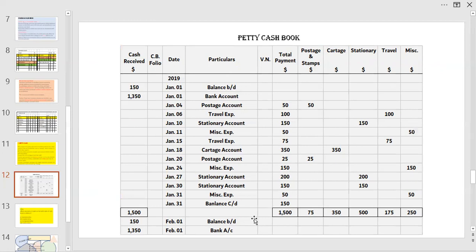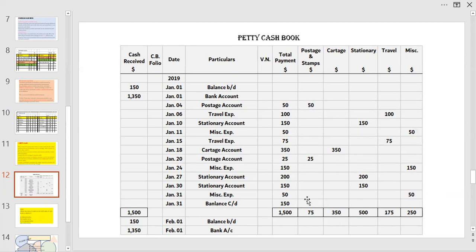When you enter, for example, postage where 50 is spent, it is written in the total payment column and further extended to the postage column as well. Similarly, travel expenditure 100 is entered in the payment column and also in the travel column. Similarly, all other expenses would be entered in the respective columns, and at the end of the period, the totals will be posted to the ledger.